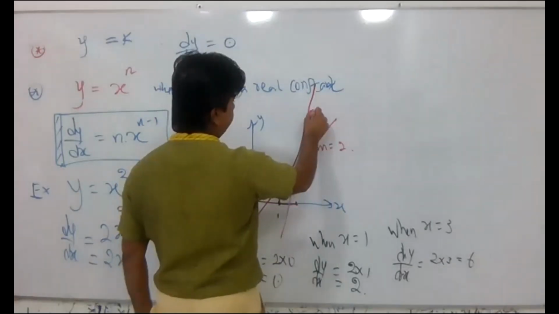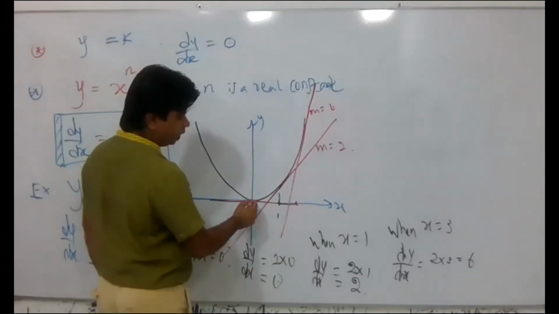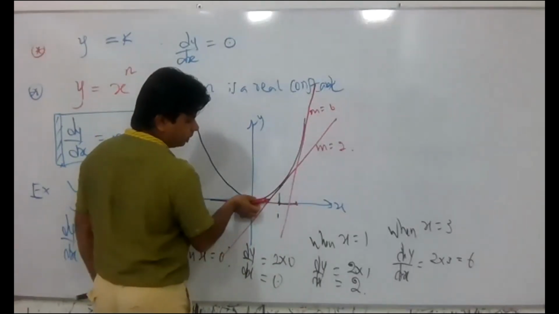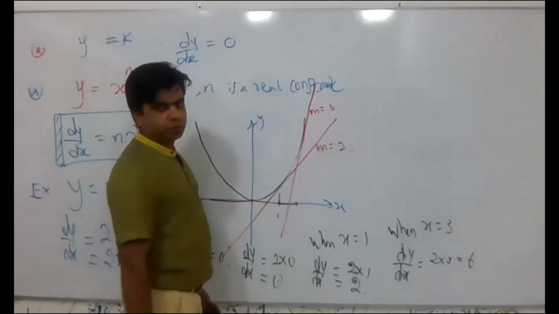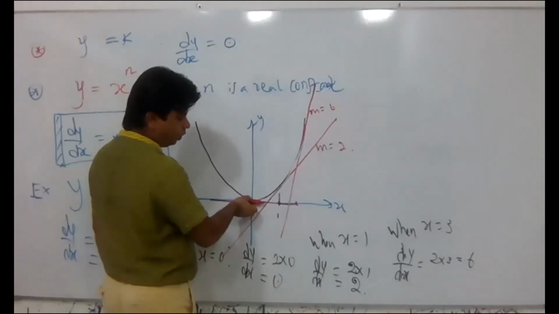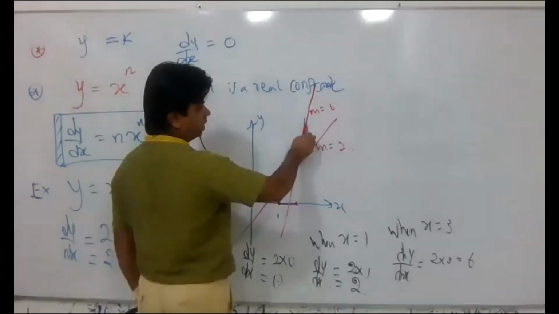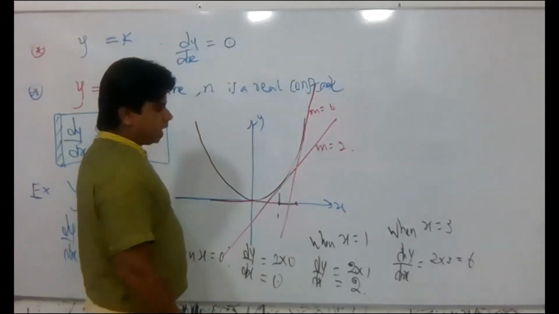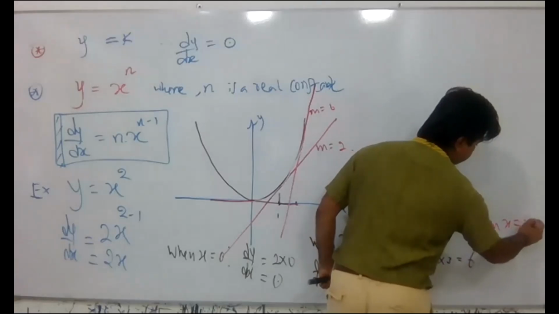That means here the gradient is 6. So you can see that when you increase the x values, the slope is increasing. I explained with the Desmos calculator. Imagine with that: if you move a tangent along the curve, its slope is increasing like this.